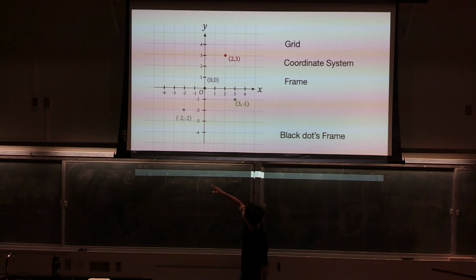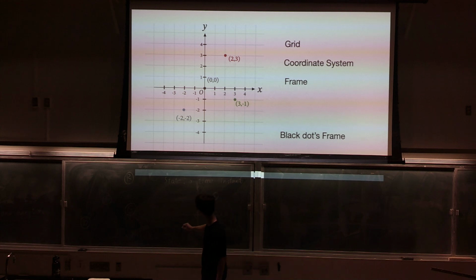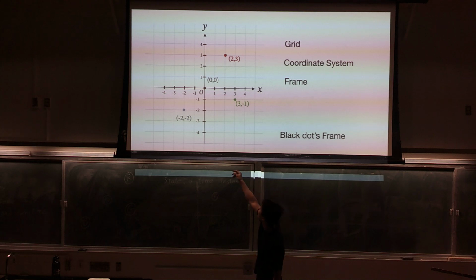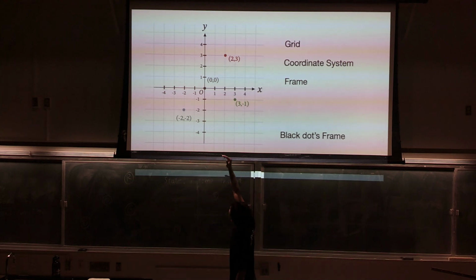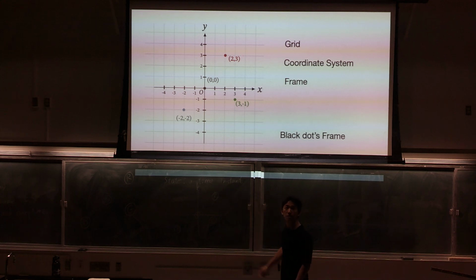When you go down, it's negative. So the y position of the green particle is -1. You can do the whole thing for the red particle here and the blue particle here, and it will look something like this. The blue particle has -2 and -2. The red one has 2 and 3. Okay?